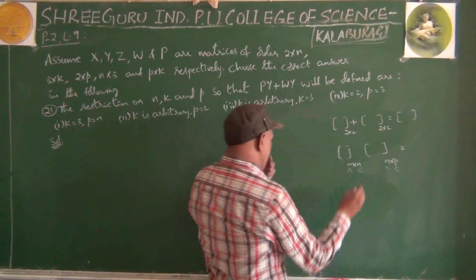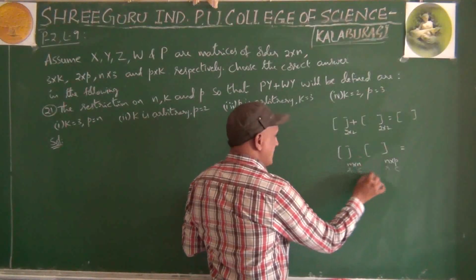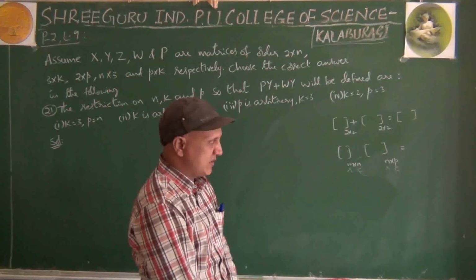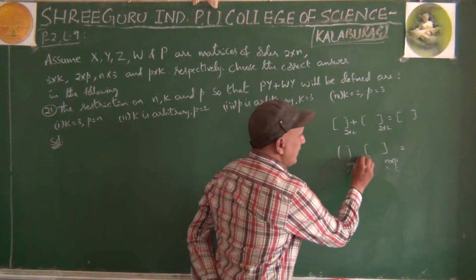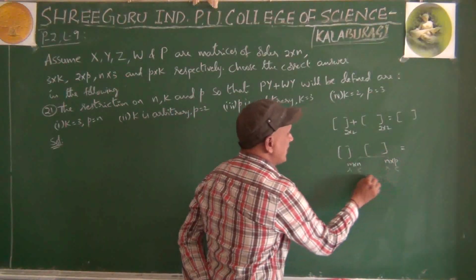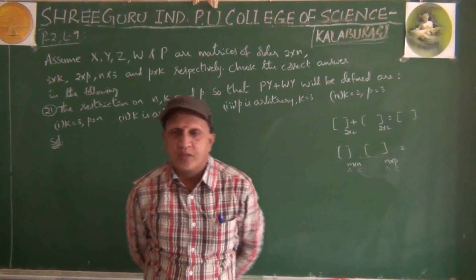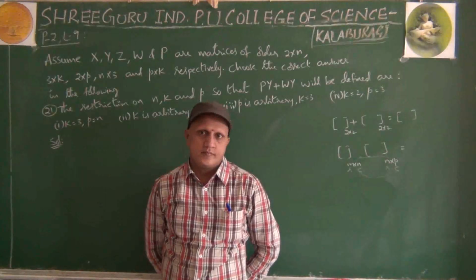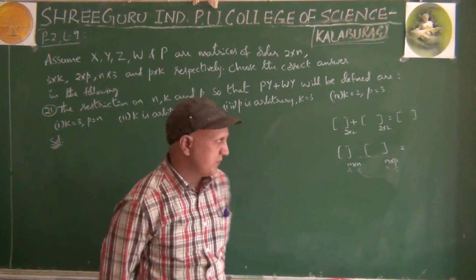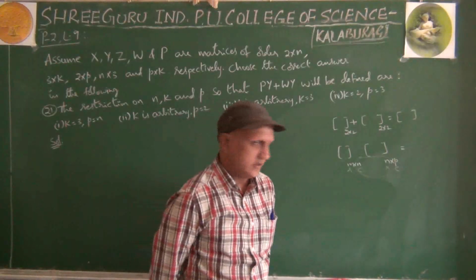The number of columns for the first matrix and the number of rows for the next matrix, both should be the same. That you also know, right?